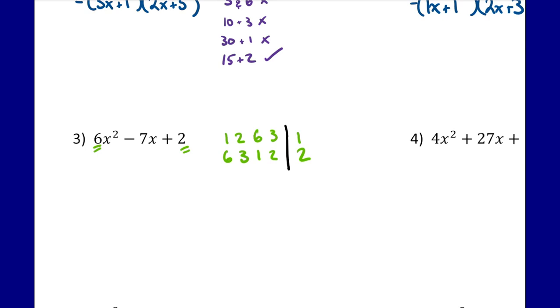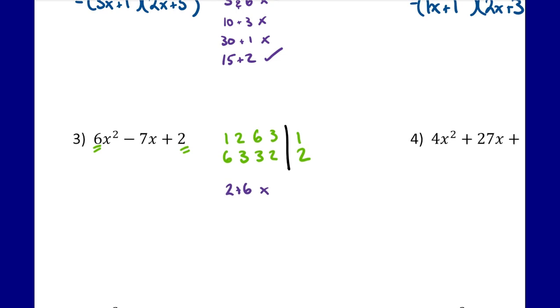Now we're going to cross multiply and see if we can add these numbers to get the middle term. So 1 times 2, 6 times 1, we get 2 plus 6. That does not work. Let's try our next two numbers.